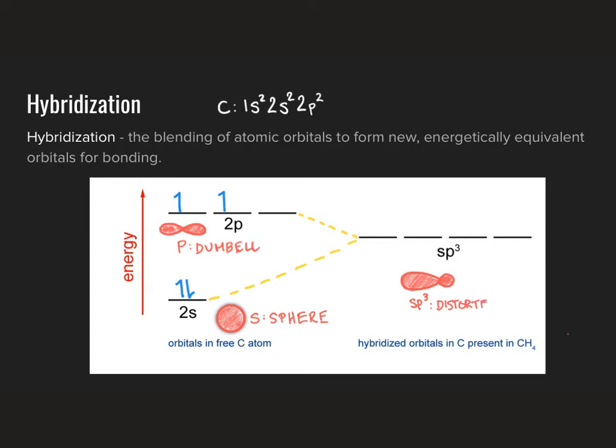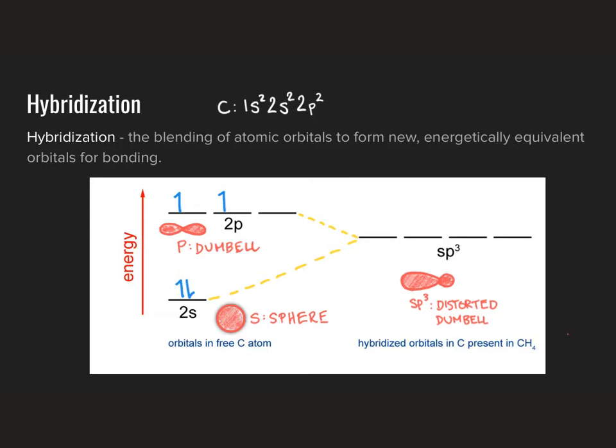So it's more similar in character to a p orbital, both in terms of orbital shape and in terms of energy level. You see here it's closer to the energy of the 2p orbital electrons than it is to the 2s. But now we have 4 energetically equivalent orbitals, and as it turns out, these sp3 hybridized orbitals exist at an angle of 109.5 degrees between one another.